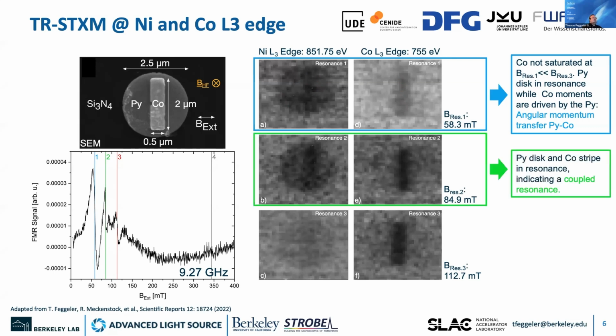For the intermediate resonance, we see again the permalloy disk pretty uniform in contrast. We have a higher contrast area again at the stripe, and we see a very dark contrast for the cobalt stripe. We call this the coupled resonance, where permalloy and cobalt resonate basically as a coupled entity.